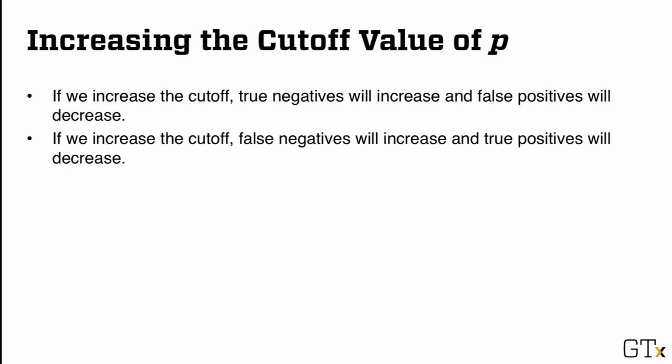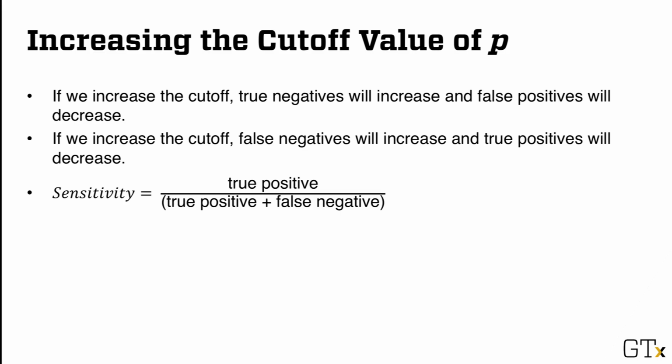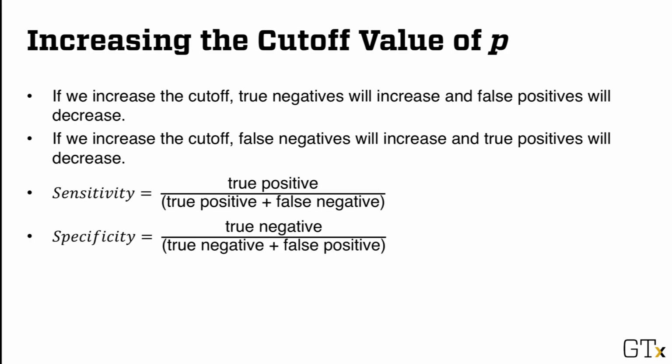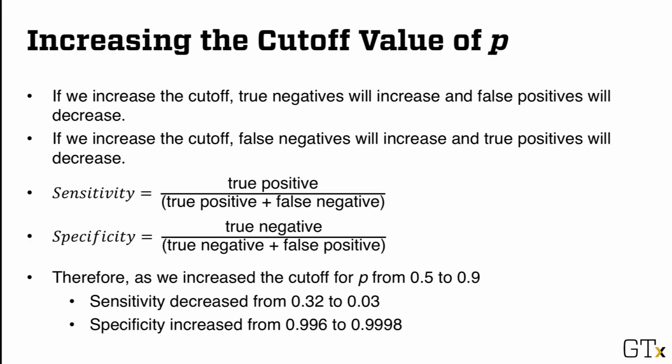If we increase the cutoff, false negatives will increase and true positives will decrease. So, by these definitions of sensitivity and specificity, as we increase the cutoff in this model 4 from 0.5 to 0.9, sensitivity decreased from 0.32 to 0.03, but specificity increased from 0.996 to 0.9998.